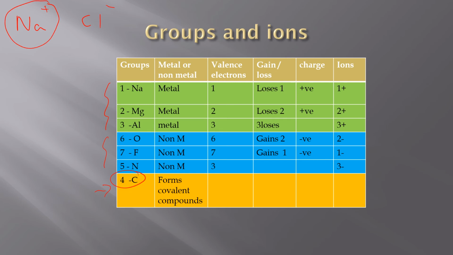This ion is attracted to this ion because it's exactly like having a positive and a negative charge, and they stick together, which forms sodium chloride, which is table salt. This is the basis of ionic bonding, which is why we're talking about this stuff. Covalent bonding is a little bit different.